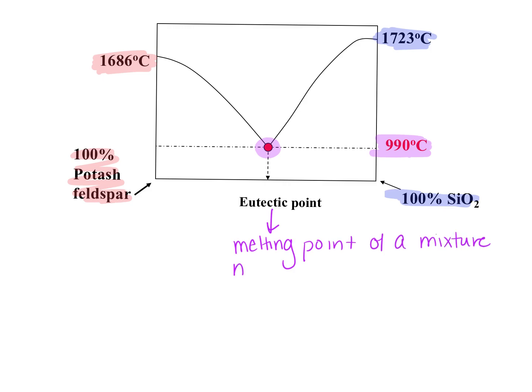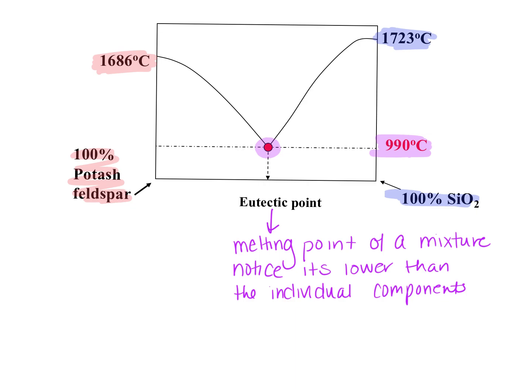And notice that that melting point is lower than the individual components. Right? So when we mix the potash feldspar and silica in a 50-50 ratio here, then what we see is it's low, it's like 990. If we increase one or the other, we'll see that it'll gradually creep back up again. But if we have that mixture, it'll be right there kind of at its lowest point.